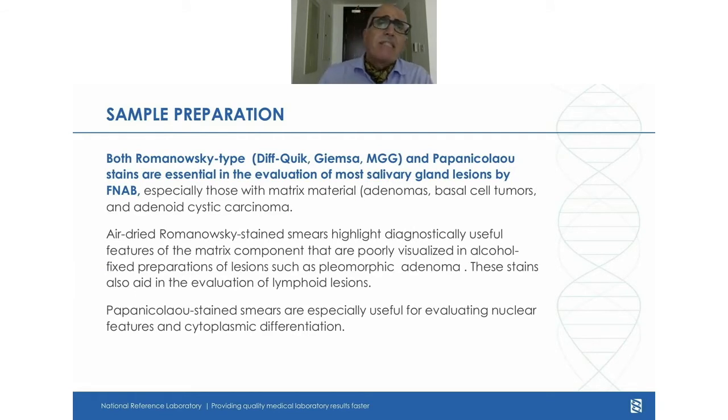We advocate the use of both air-dried as well as alcohol-fixed slides, because 2 different stains are used. The Romanowsky type of stains for the air-dried, and those are Diff-Quik, Giemsa, or MGG stains, and the Papanicolaou for the alcohol-fixed. And they show different things.